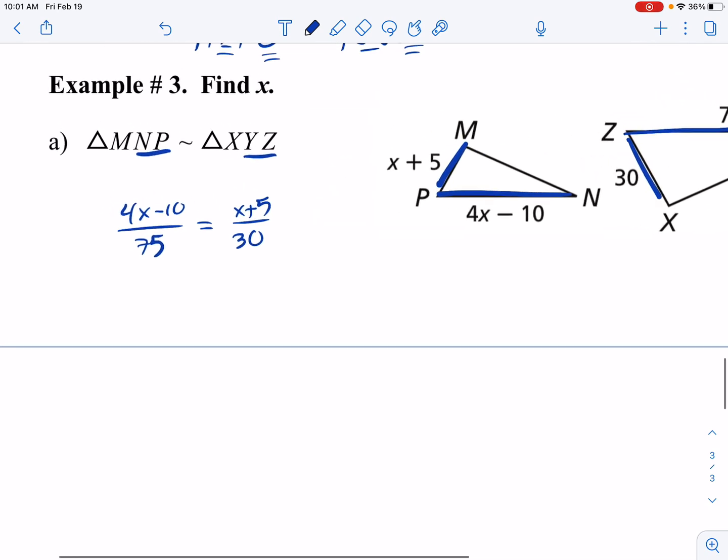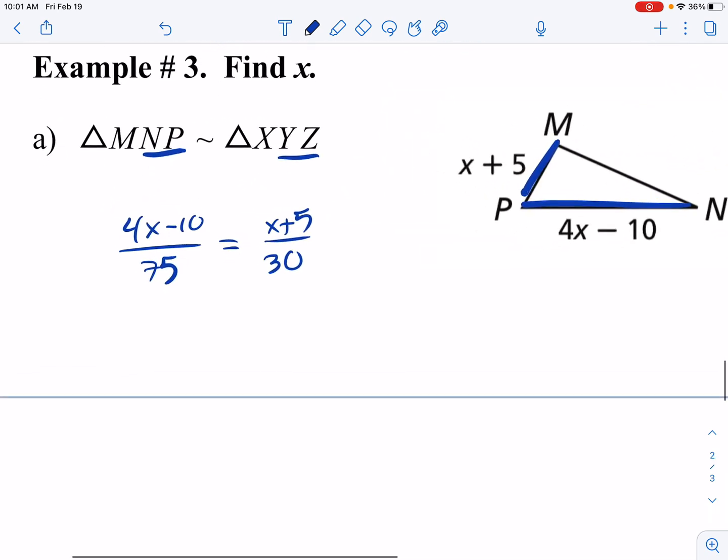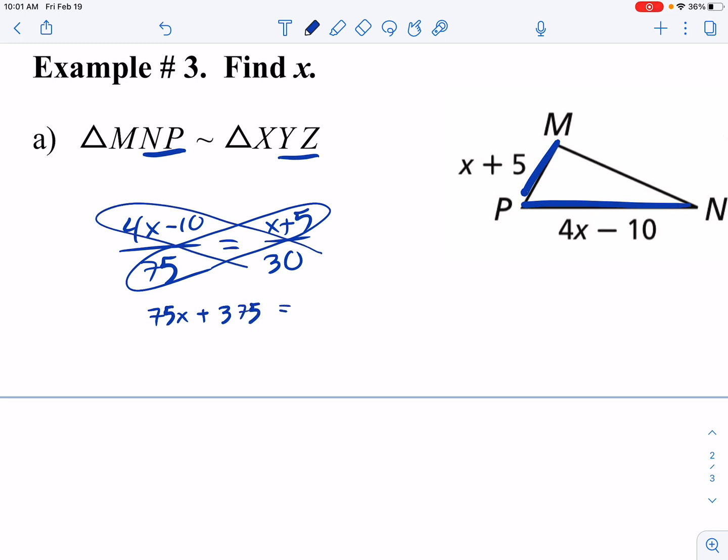And then any time you have a ratio, which is a proportion, which is two ratios equal to each other, you can just cross multiply. 75 times x plus 5, 75x plus 375 equals 30 times 4x minus 10, 120x minus 300. Let's solve here.